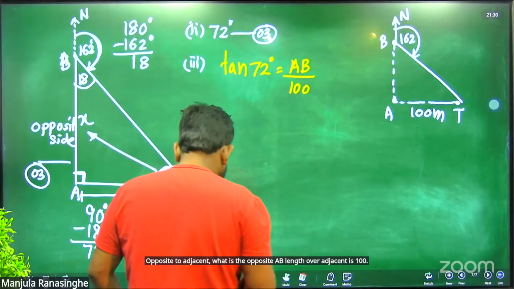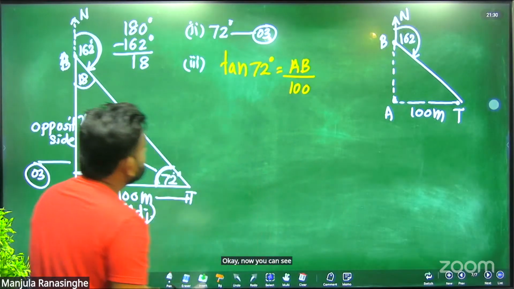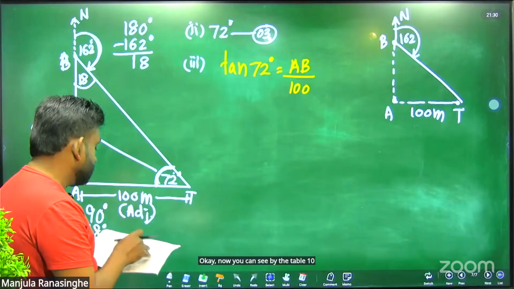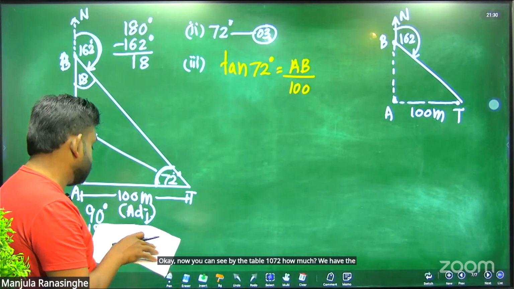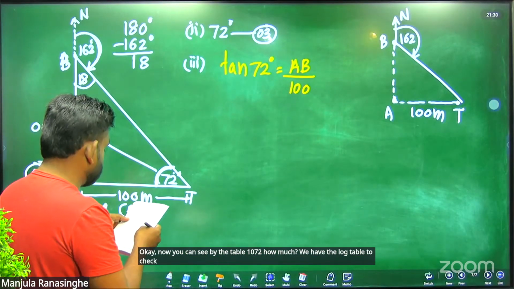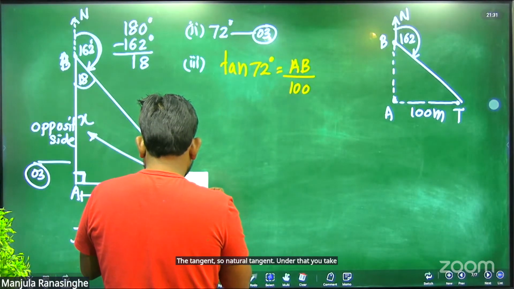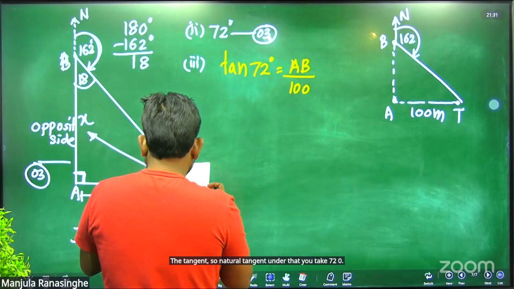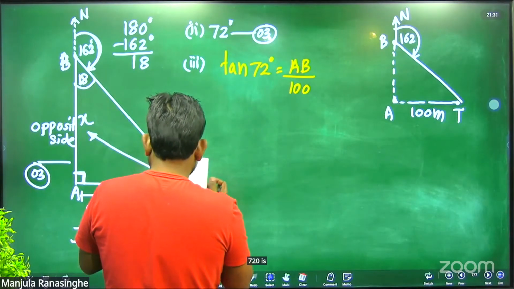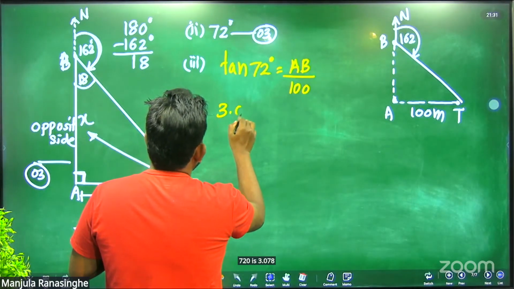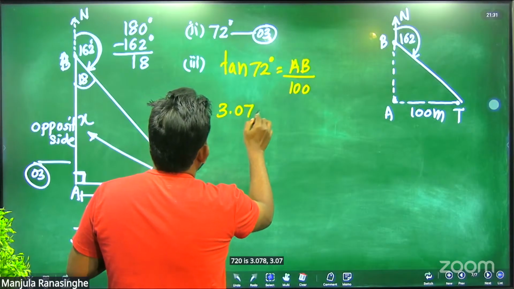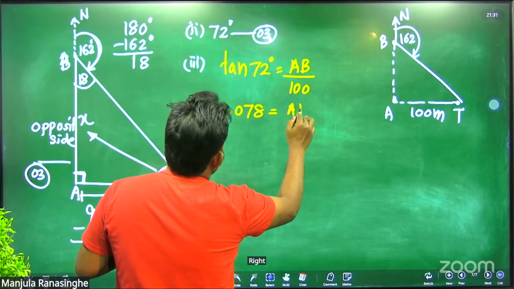Now you can see in the table tan 72. We have the table to check the tangent. Under natural tangent, you take 72.0, which is 3.078. So 3.078 equals AB over 100.